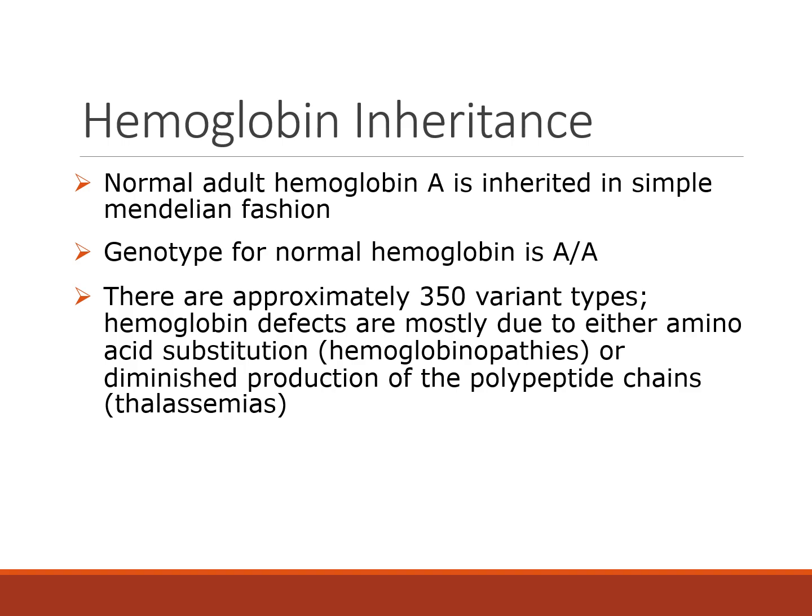either amino acid substitutions, which we call hemoglobinopathies, something like sickle cell anemia, or diminished production of the polypeptide chains. So there might be a deletion rather than an amino acid substitution. We may just have amino acid deletions, and these are called thalassemias.